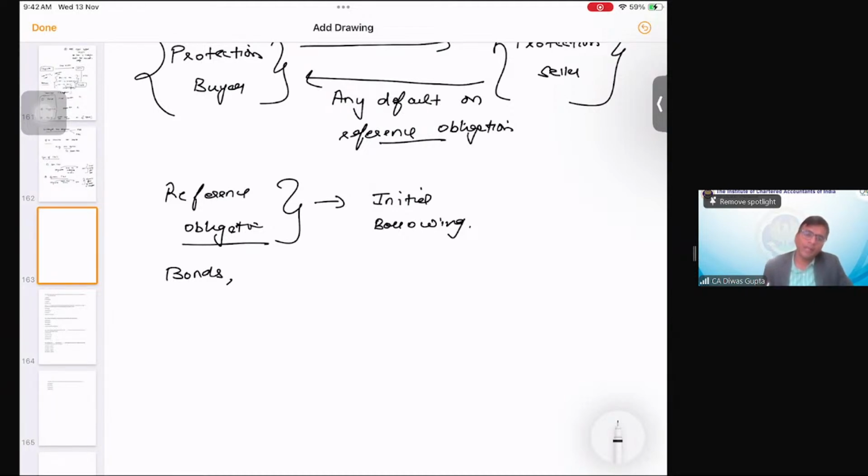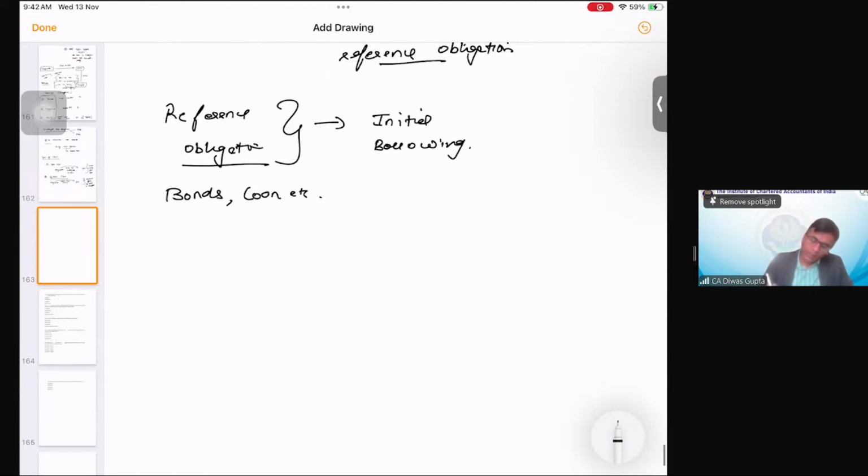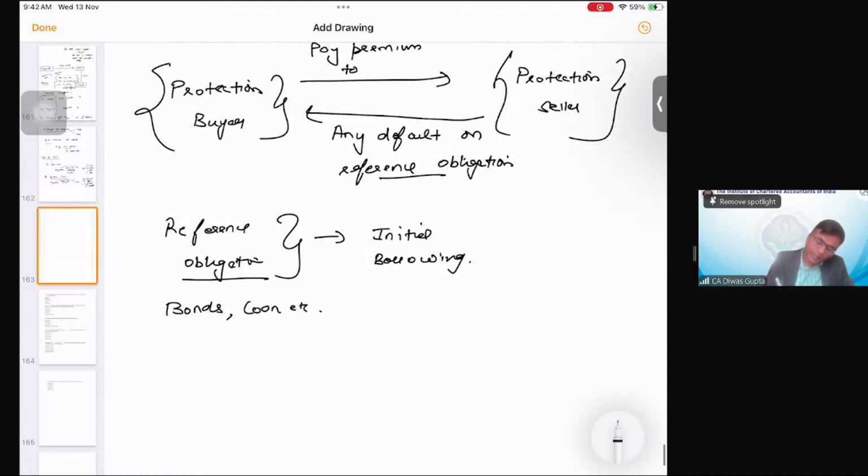Anything which is given as a loan. Now, this protection buyer is already exposed to the credit risk. Why? Because the protection buyer has already given the loan, and hence the protection buyer is exposed to the risk.